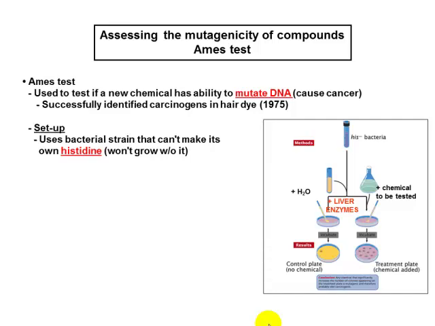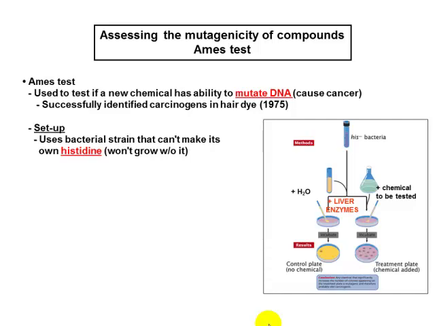No, you put it there because if this chemical caused severe mutations in the bacteria DNA, eventually it will cause some gain of function. And that will mean that before, the bacteria could not produce histidine, but because of the mutation, now it can. So it will survive even if it does not have histidine in the environment.